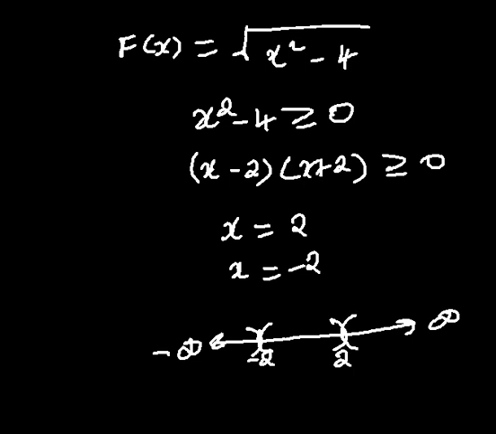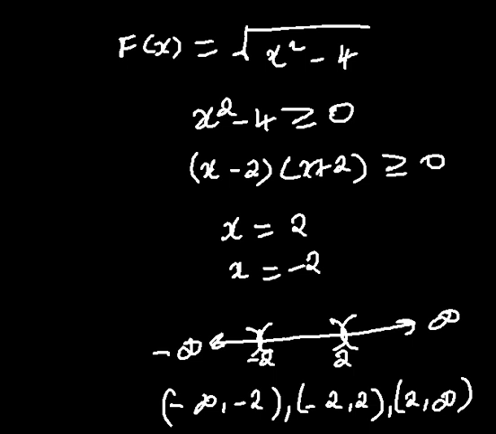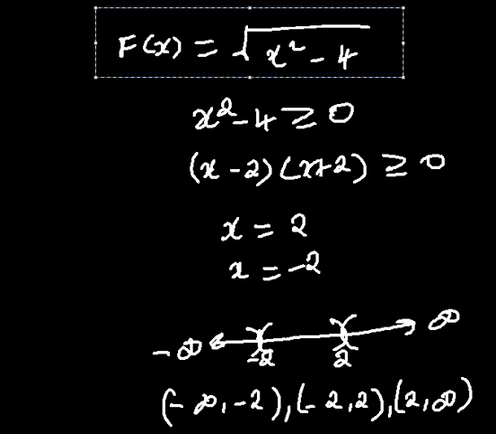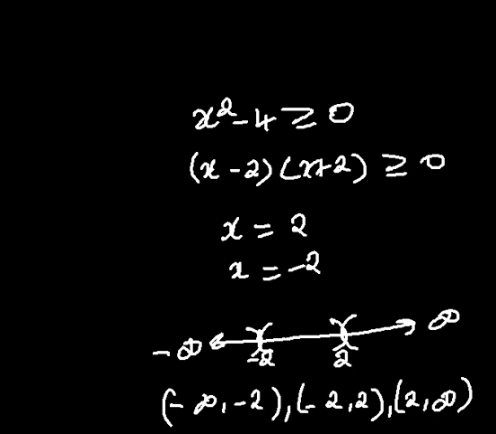Now, what are the intervals we can generate here? We have negative infinity to negative 2, we have negative 2 to positive 2, and we have positive 2 to positive infinity. These are the intervals we can have from the key values on the number line.